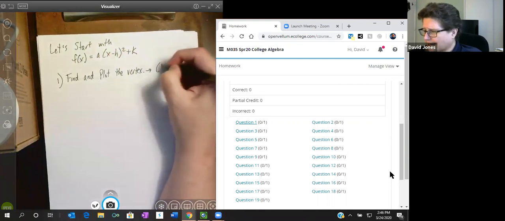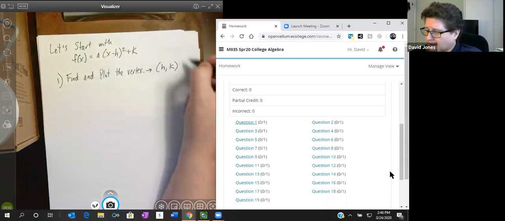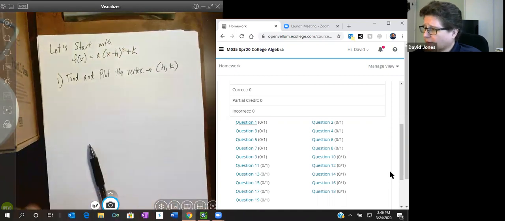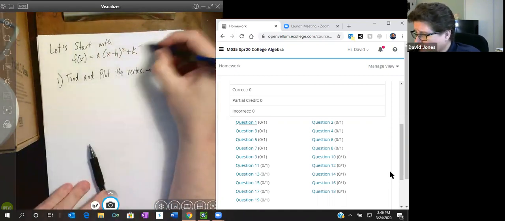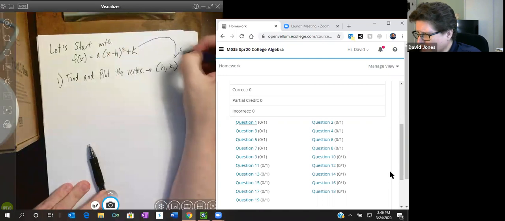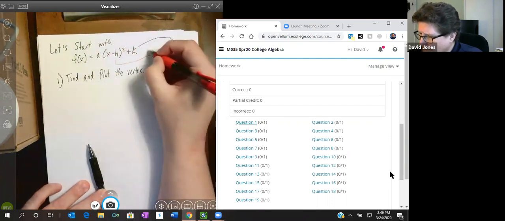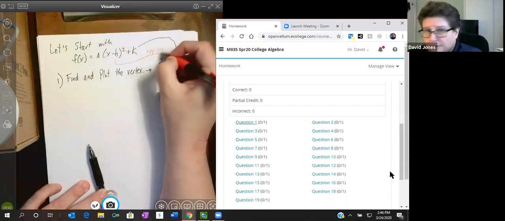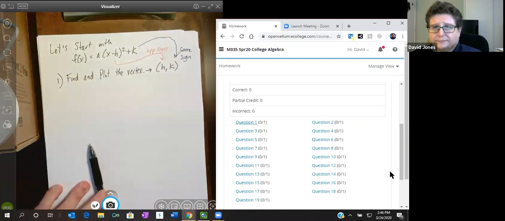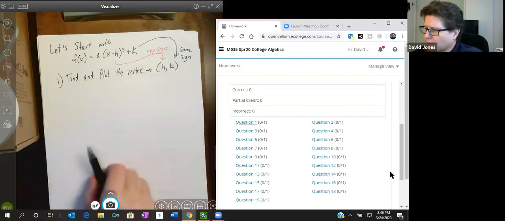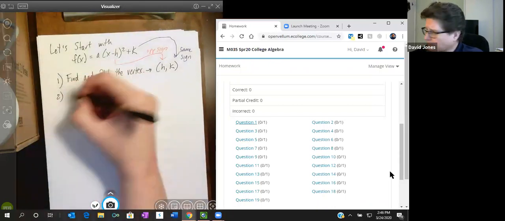And it occurs at h, k. Remember, same sign, opposite sign. Once we've found and plotted the vertex, you might find it handy to make a table.